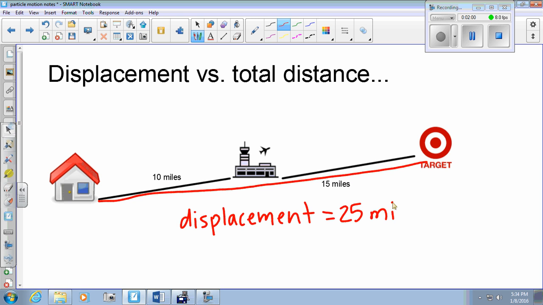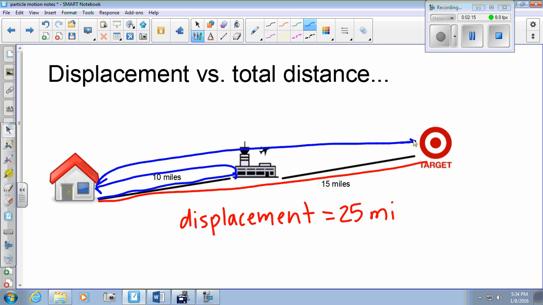However, let's say that I take off for Midland and I get to the airport and I realize that I forgot my wallet. So I have to turn around and go back to the house, get my wallet, and then go to Midland. In this case, my total distance would not be 25 miles.